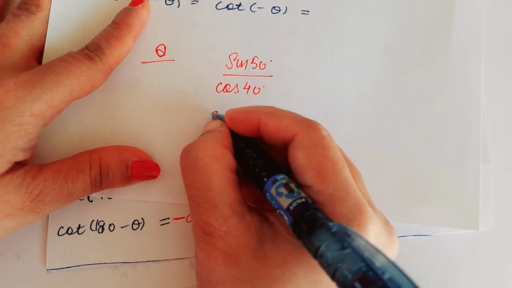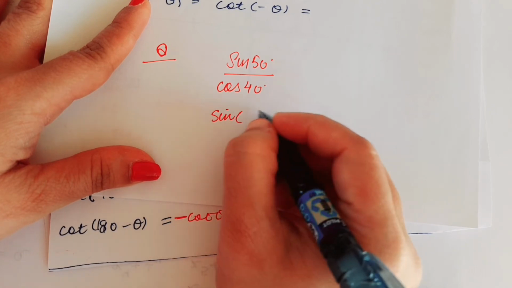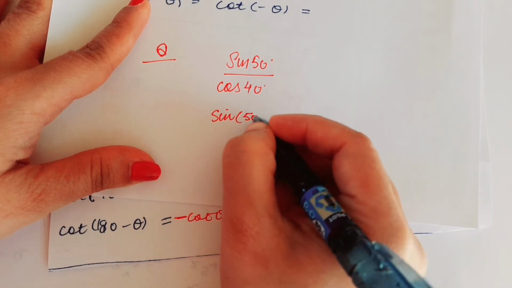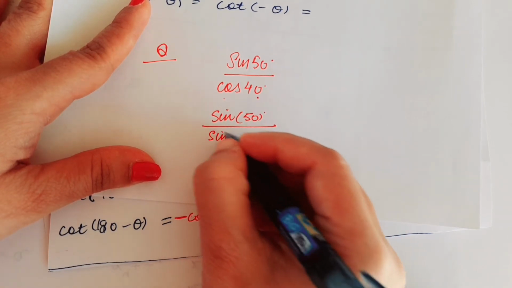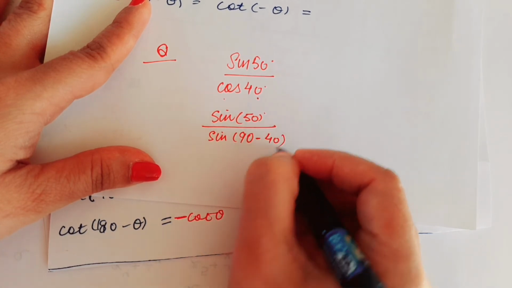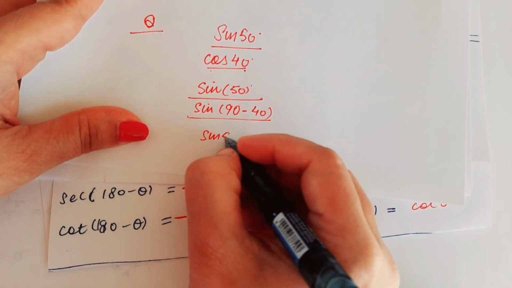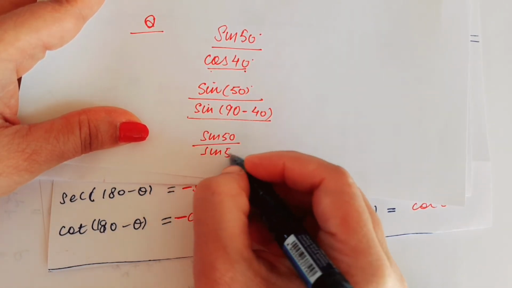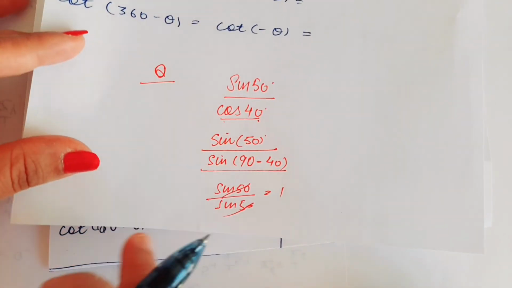You know that cos theta is equal to sine of 90 minus theta. Cos theta is equal to sine 90 minus theta. That means sine 50 upon sine 50, so this is 1. So this is how you can use these formulas.